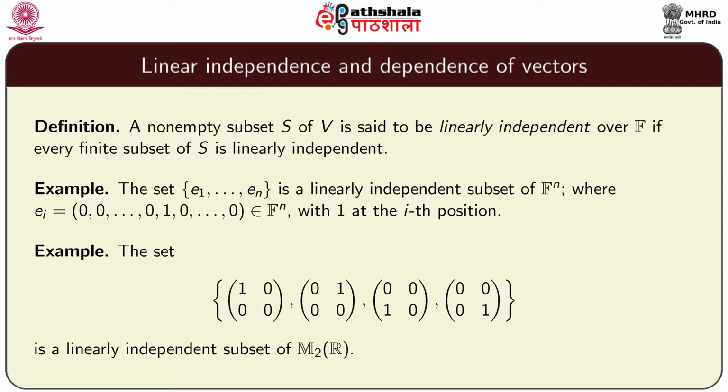But what is A1 E1 plus A2 E2 and so on up to An En? It is nothing but the n-tuple A1, A2, etc. up to An, which is the 0 vector. That means A1 is equal to 0, A2 equal to 0 and so on, An is equal to 0. This proves that the set E1, E2, ..., En is linearly independent over F.